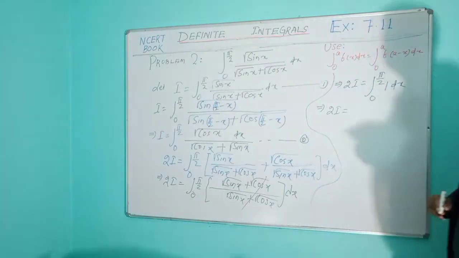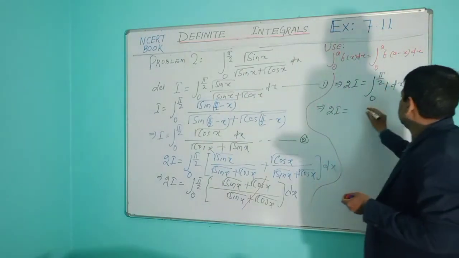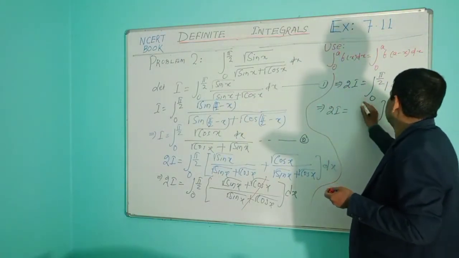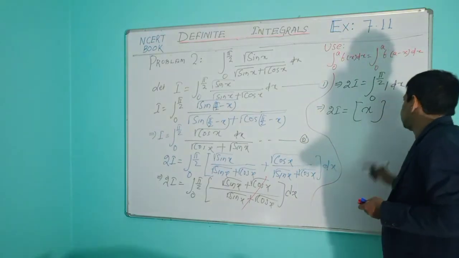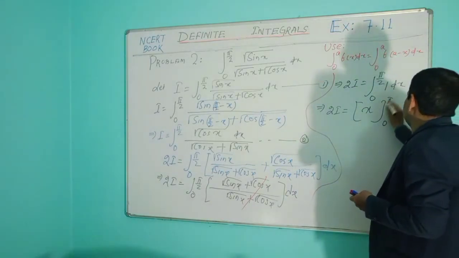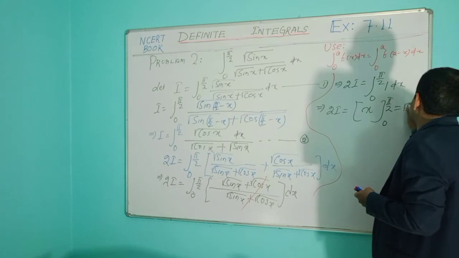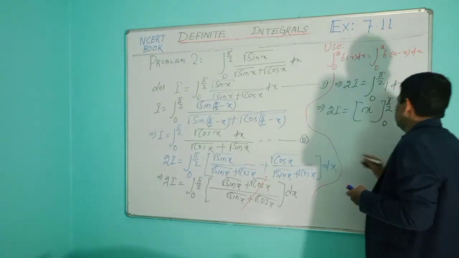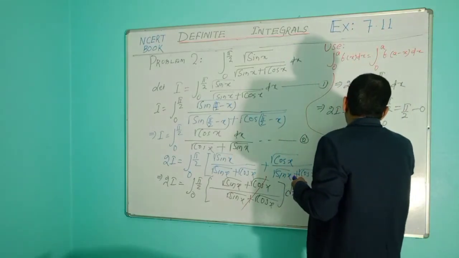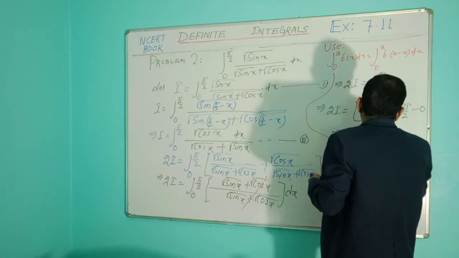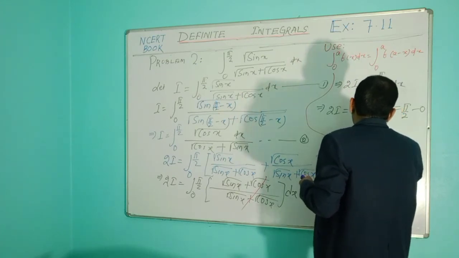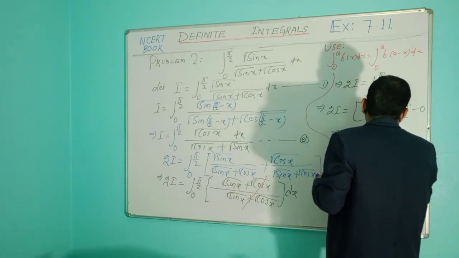Here 2I is equal to how much? Integration of dx is x, from 0 to pi by 2, and this value will be pi by 2 minus 0. So 2I is equal to pi by 2, and that implies I is equal to pi upon 4.